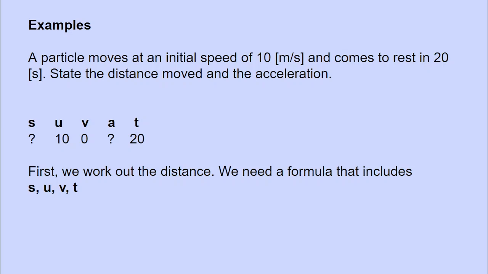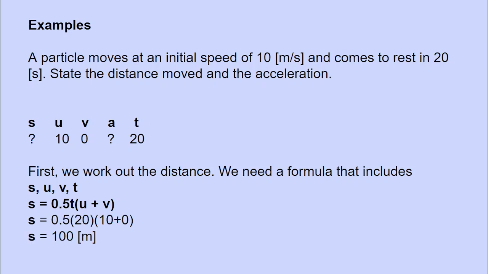We need a formula that includes s, u, v, and t, and we have it. We substitute the values in. S equals 0.5 times 20 times open bracket 10 plus 0 close bracket. It gives us that the distance equals 100 meters.